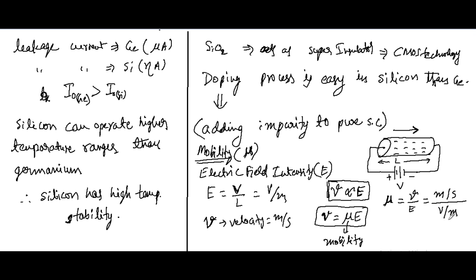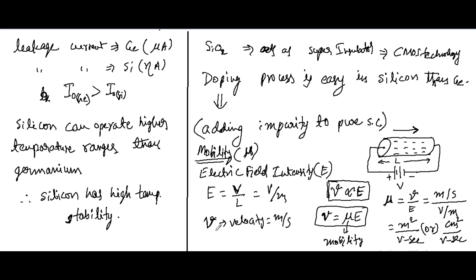If you write the standard units, it becomes meter square per volt second, or we can write it in terms of centimeter square per volt second. So these are the units of mobility.